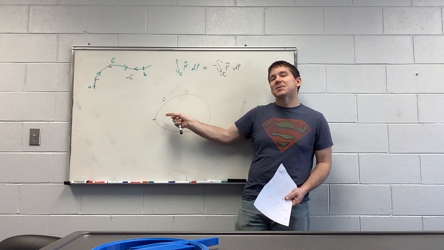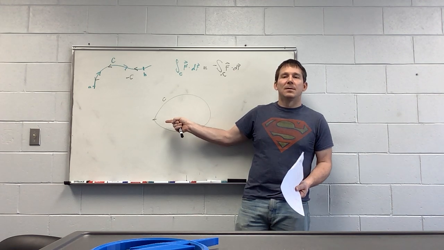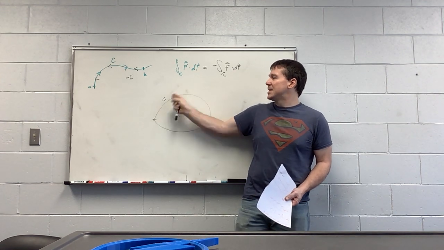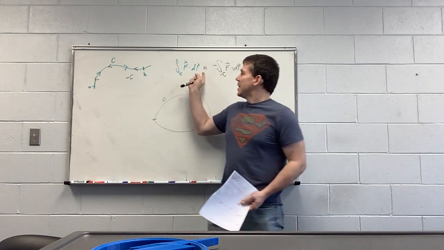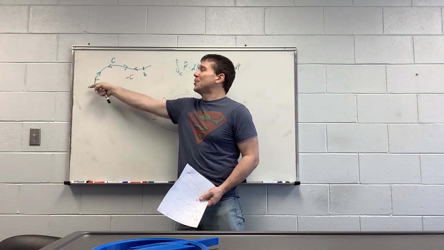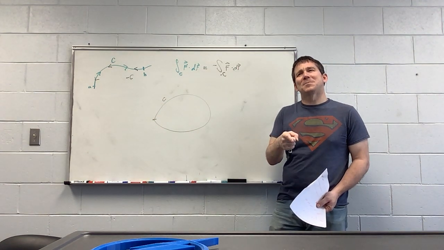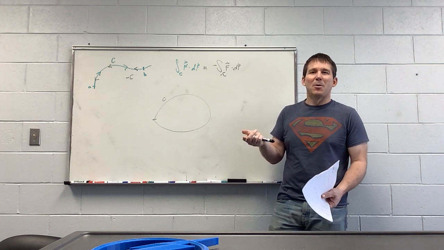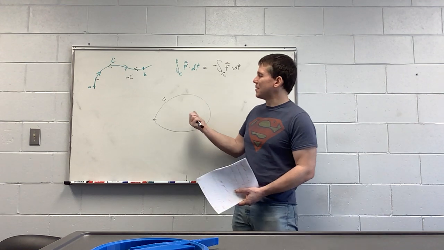I start and end at the same spot. Maybe. This does not say starting and ending at the same spot gives me 0. This says if I go from here to here, then turn around and go back, I'll cancel out what I did. I guess from a physics perspective, there'll be a net of 0 work because I move something over there, then I bring it back. So there's a net 0 amount of work done.